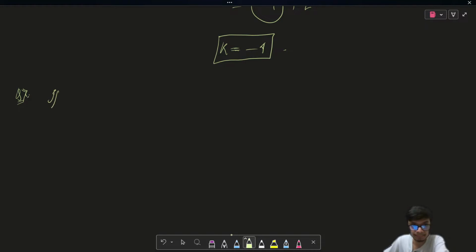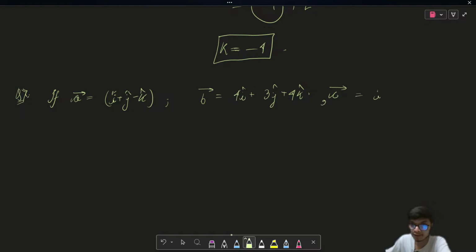The question says that the vector a is given as i cap plus j cap minus k cap, the b vector is given as 4 i cap plus 3 j cap plus 4 k cap, and I also have another vector, c vector, which is given as i cap plus alpha j cap plus beta k cap. So I have the following vectors.